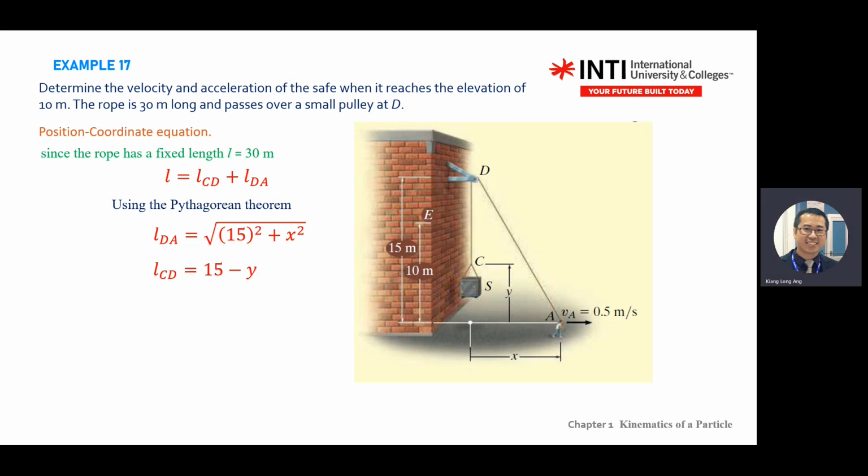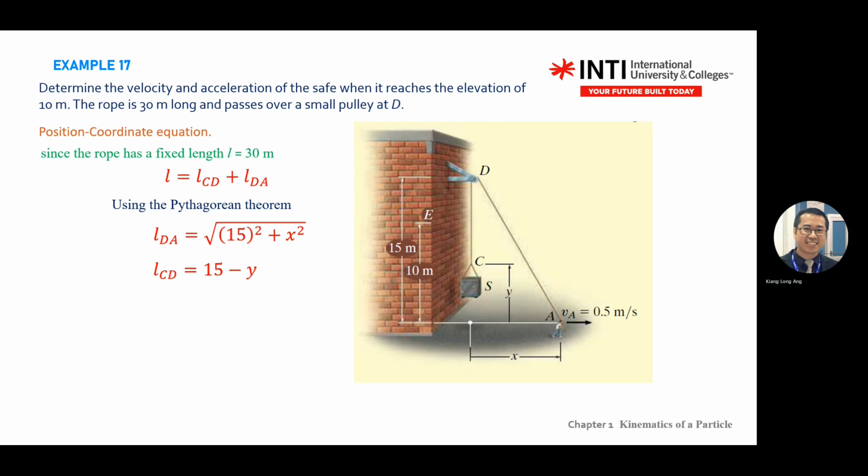Okay. So this is the difference between statics and dynamics. Dynamics will give you a lot of unknown equations. We need to see how to materialize it into terms that I understand. So once you have this, you substitute back into the total length.